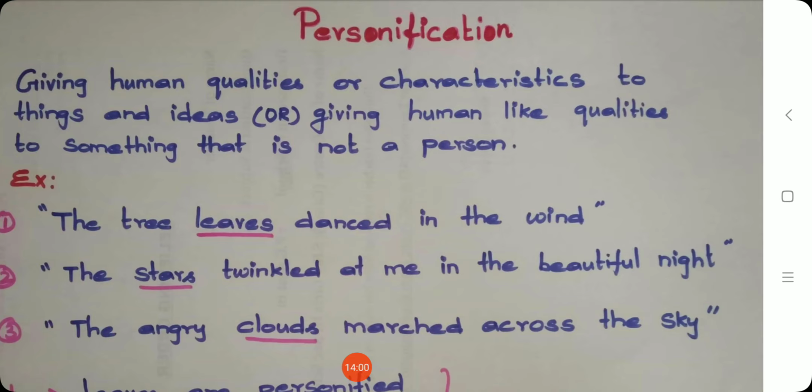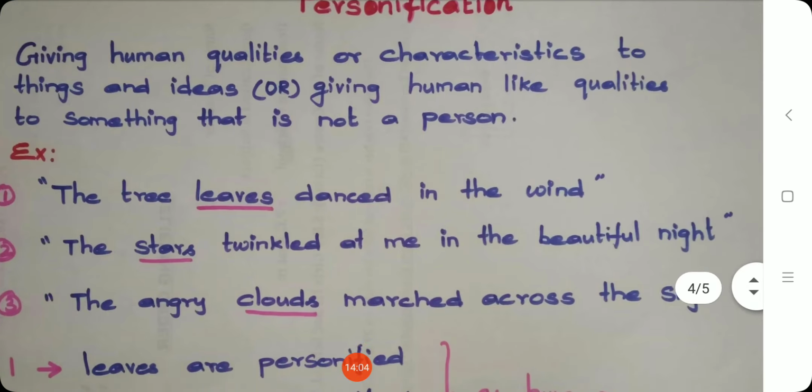In the first example, the leaves are dancing. In the second, the stars are twinkling at the poet. And in the third, the clouds are marching in the sky very angrily. But dancing, twinkling and getting angry are all human characters, human abilities.